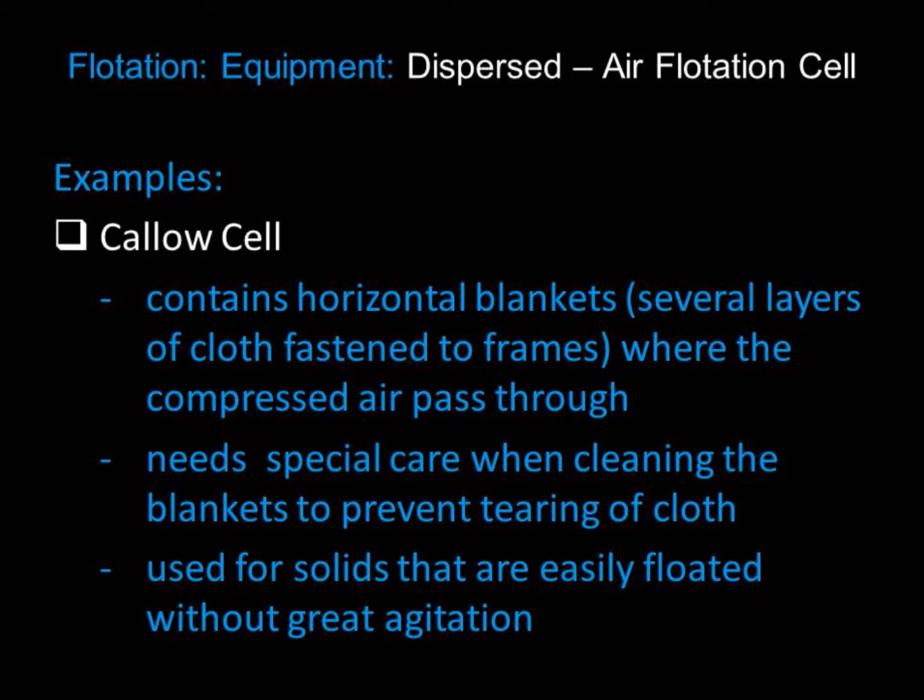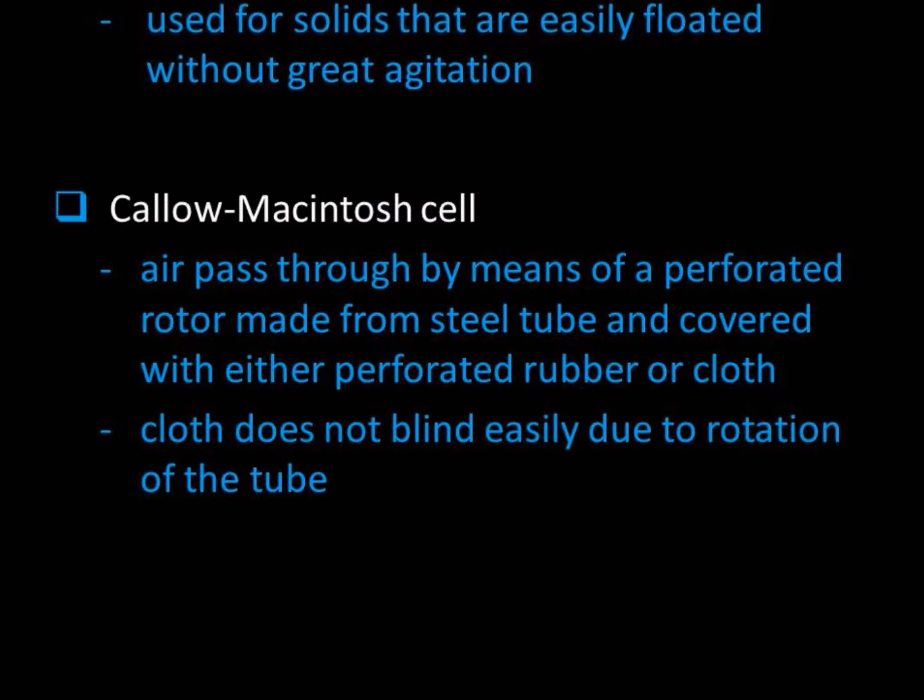Examples of mechanical cells are the following: Callow cell, which contains horizontal blankets with several layers of cloth fastened to frames where the compressed air passes through. It needs special care when cleaning the blankets to prevent tearing of cloth. It is used for solids that are easily floated without great agitation.